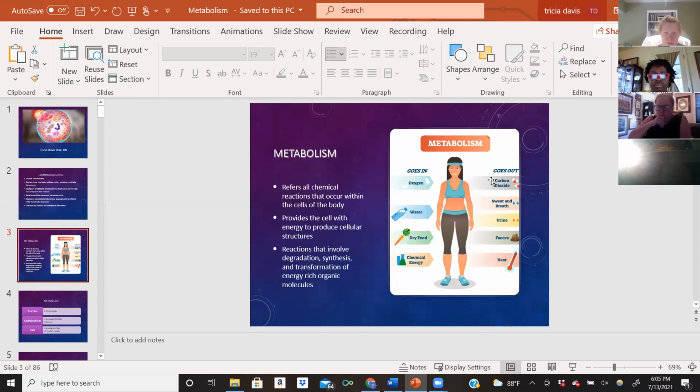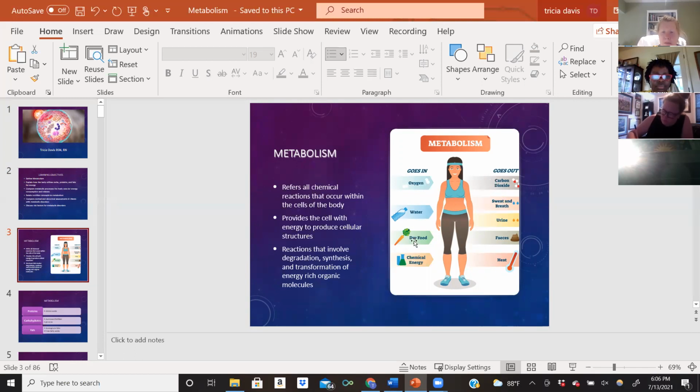So we know that our metabolism is basically all of the chemical reactions that occur within our body. They give us the energy that we need for other things in our body to work. The whole process of metabolism involves reactions that have to do with degradation, synthesis, and transformation of all of those energy-rich organic molecules into things that our body needs.